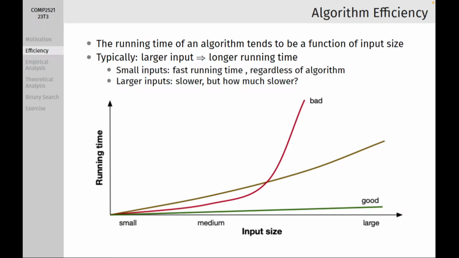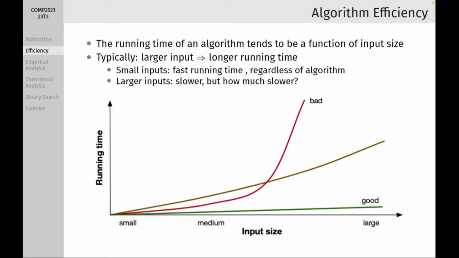Because the algorithm's probably going to have some loop in it that looks at all of the data items or some of the data items, and the more data items there are, the more time the loop will take to look through the items. So typically, the larger your input gets, the longer the program's going to take.